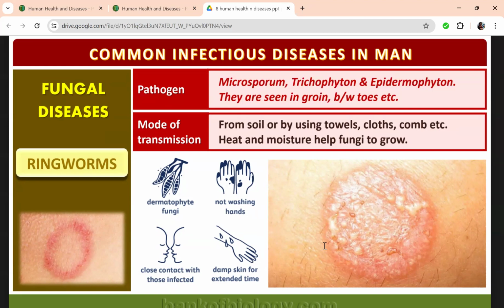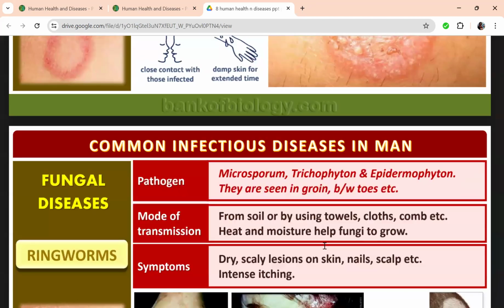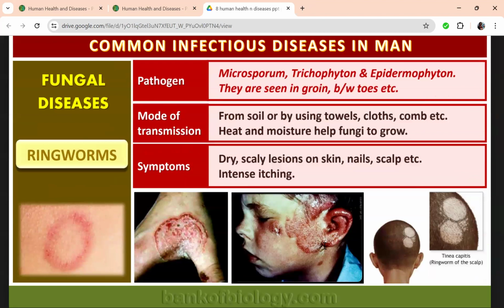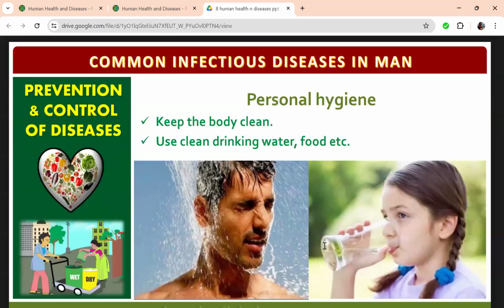Not washing hands properly, dermatophyte fungi, close contact with an infected person, and damp skin for a very long time cause infection. The symptoms might be dry, scaly lesions on the skin, nails, scalp, etc. Intense itching would be there. Ringworm is something that I guess most of us would have faced at some time or other.